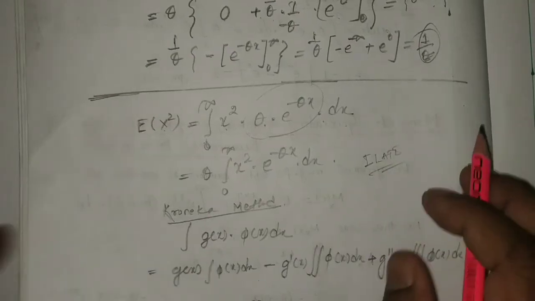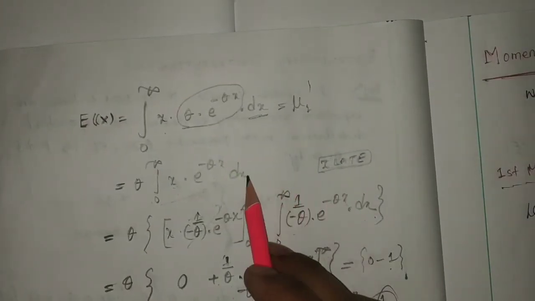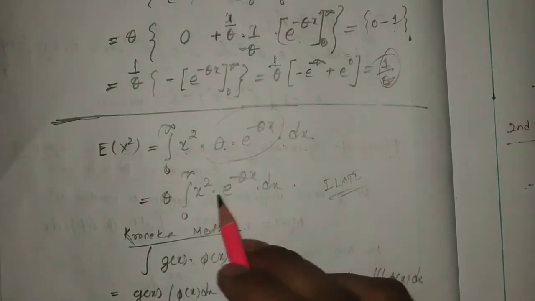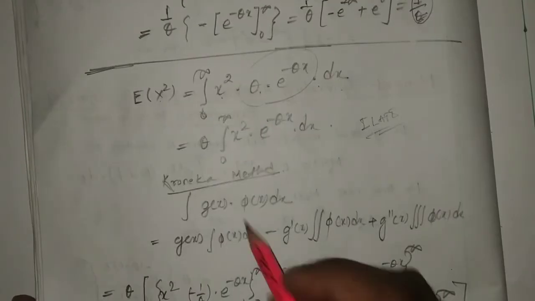Here you can consider 2 times integration by parts, no problem. Here I used the Kronecker method.